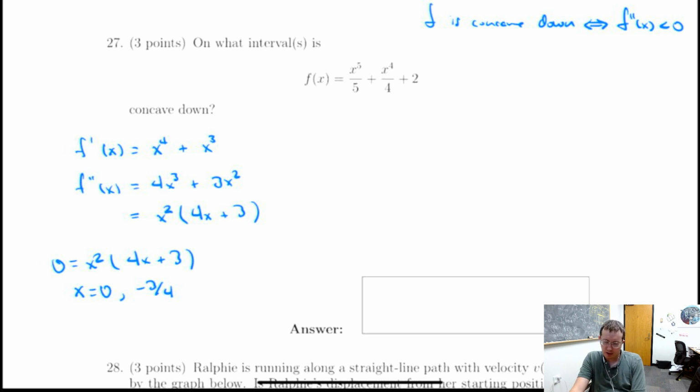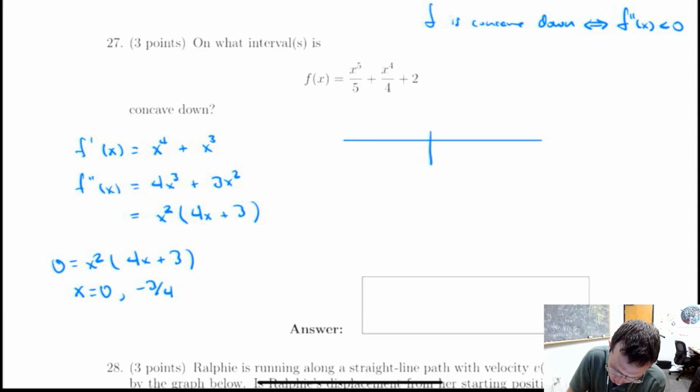Now, when is this expression negative? I'm going to make a little sign chart. I've got negative 3/4 and then 0. Those are places where the derivative could potentially change, or the second derivative could potentially change sign.